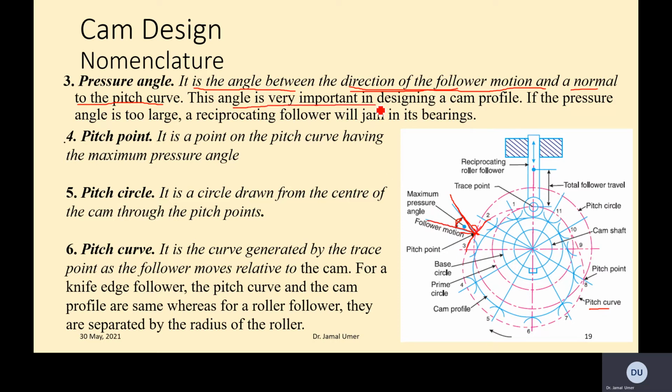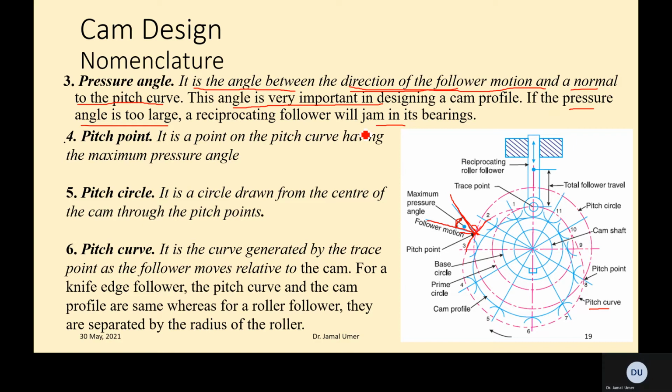This angle is very important in designing a cam profile. If the pressure angle is too large, a reciprocating follower will jam in its bearing. So you see why the term pressure angle is used here.